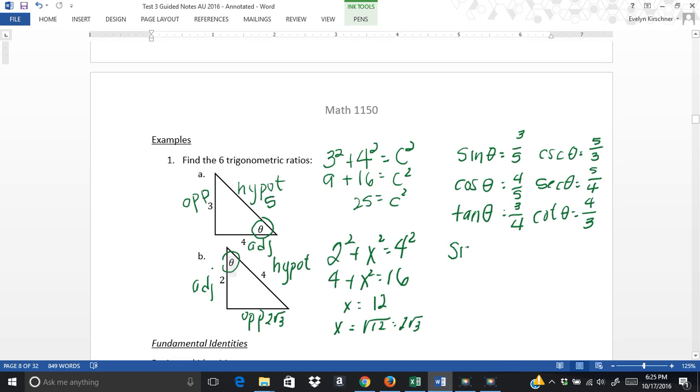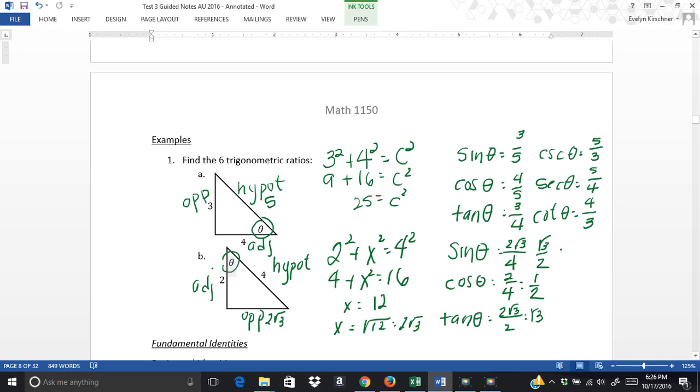So my sine of that angle is opposite over hypotenuse, and we can reduce that to radical 3 over 2. My cosine of that angle is adjacent over hypotenuse, which reduces to 1/2, and my tangent of that angle is opposite over adjacent, which reduces to radical 3.